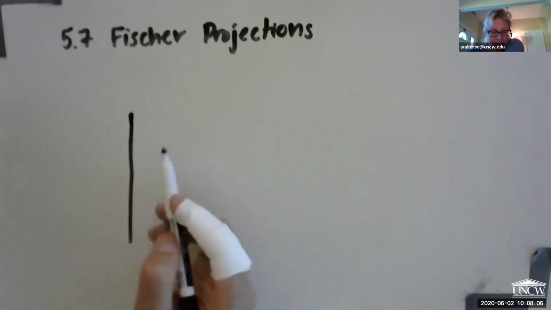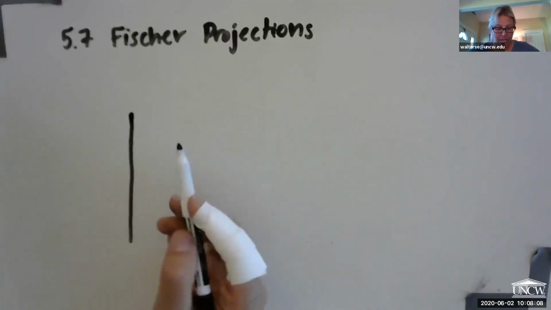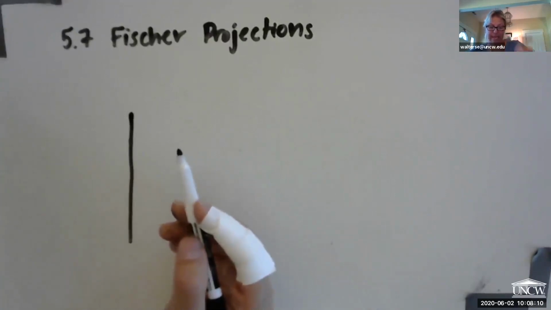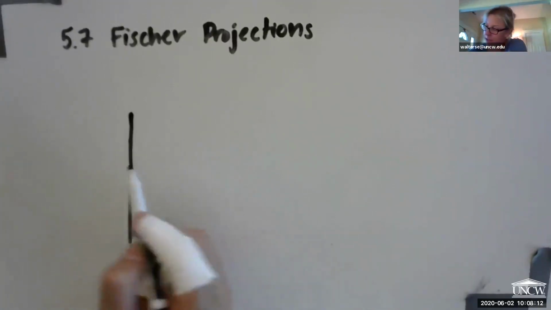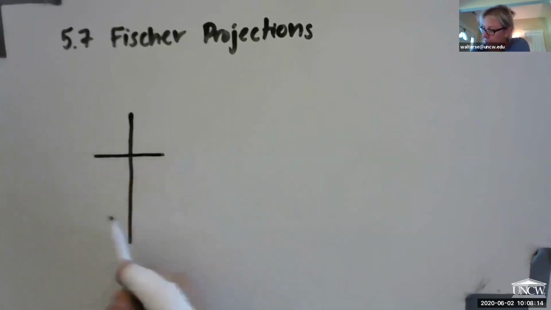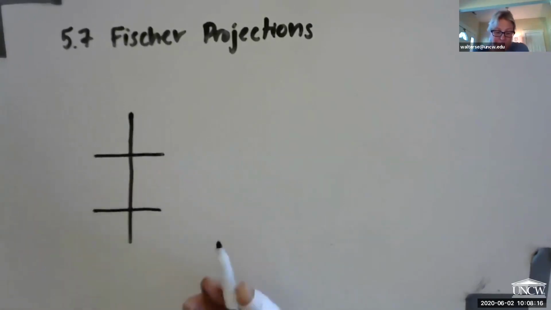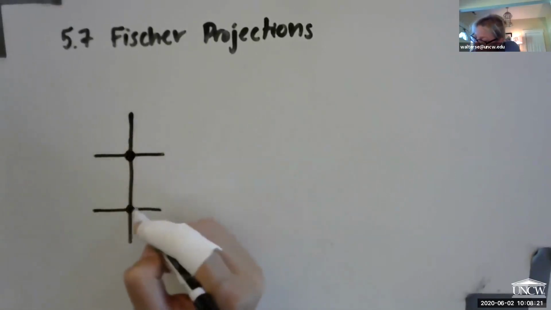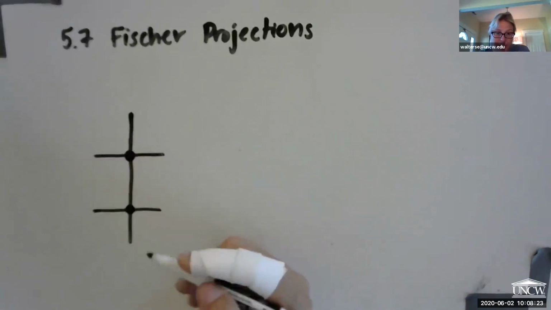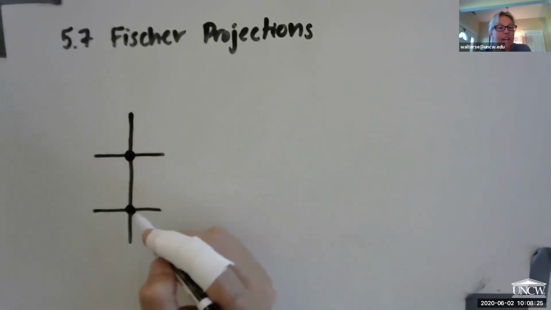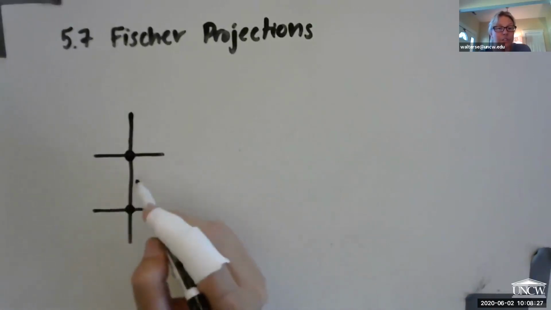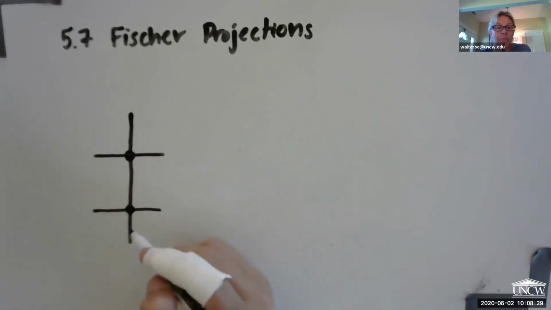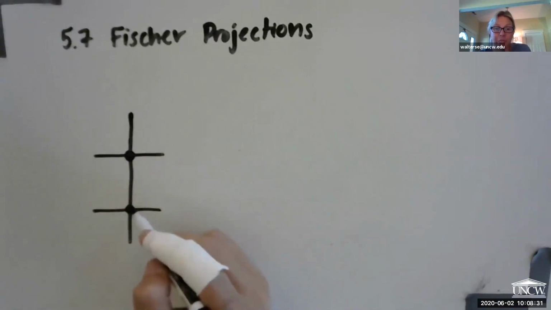Then you have crosshairs on your Fischer projection. And these are your chiral carbons, because they're still sp3 since they have four bonds off of them.